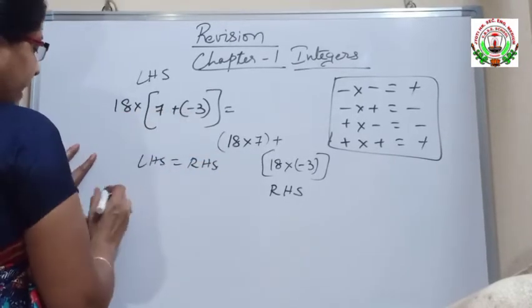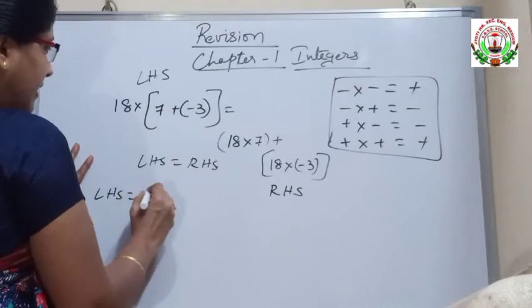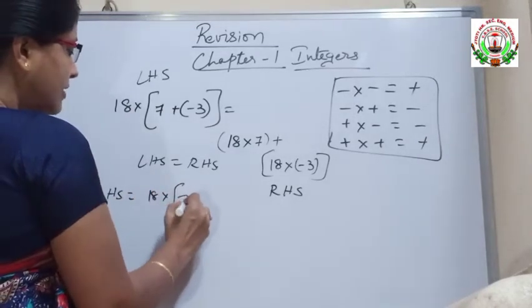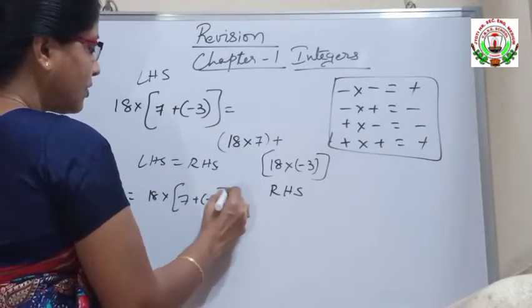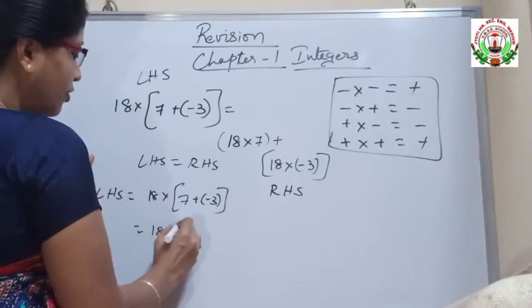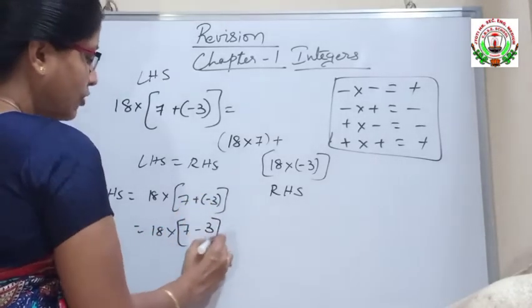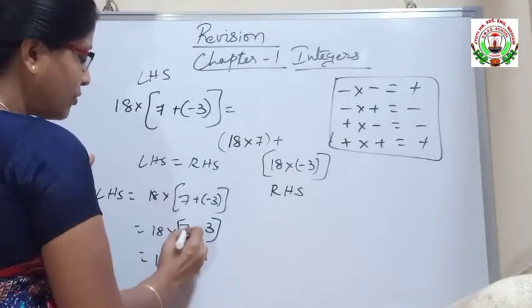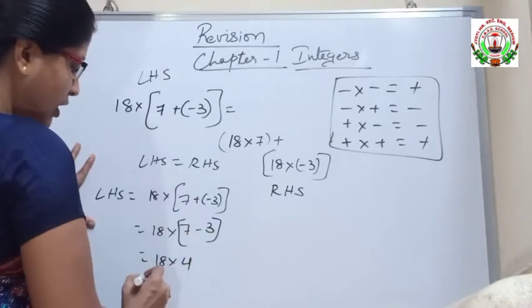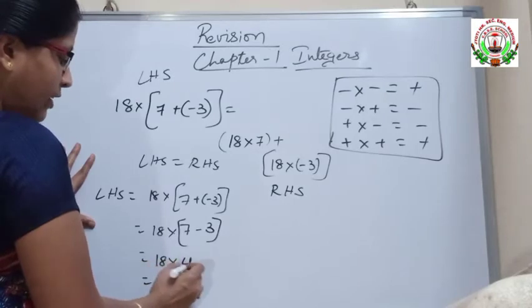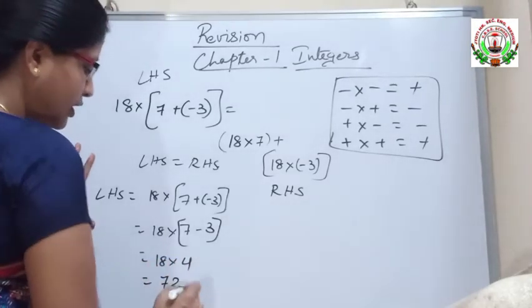First let us solve the LHS: 18 into (7 plus minus 3). Plus into minus is minus, so 7 minus 3 is 4. So 18 4s are 72.